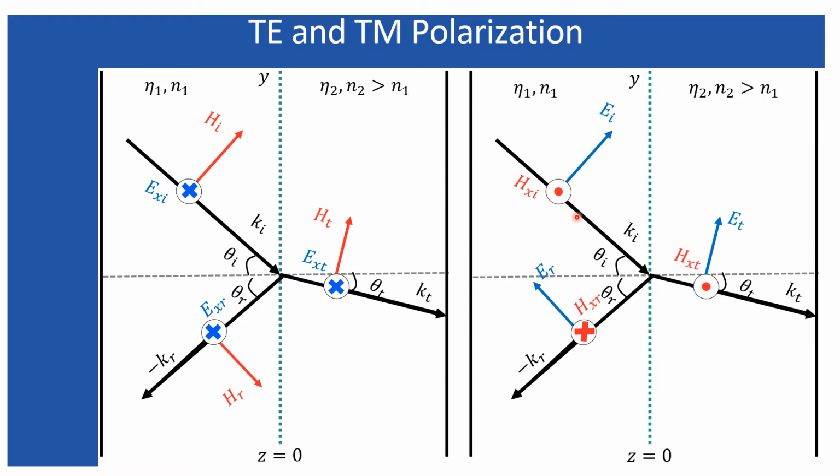incidence. The plane of incidence is basically the plane which contains the incident wave vector, reflected wave vector, and transmitted wave vector, along with their electric field components. So in this case, all the wave vectors are contained in the same plane.